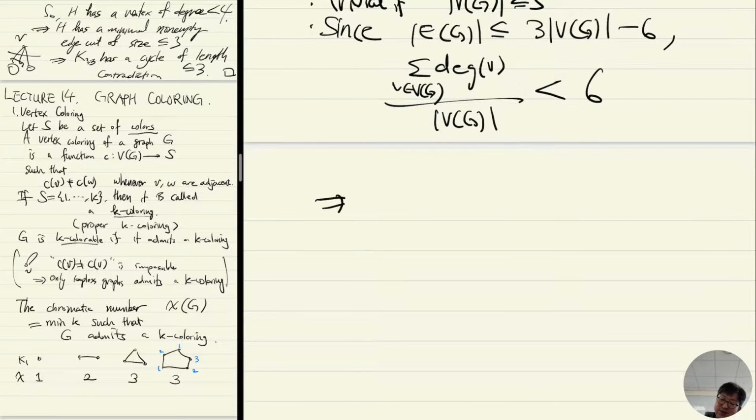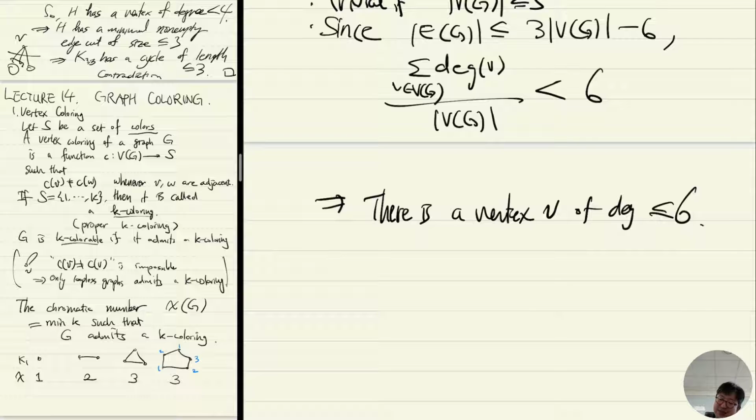So by the pigeonhole principle, there is a vertex v of degree at most 5, because you have numbers whose average is less than 6, but these numbers are integers, so one of them is at most 5.